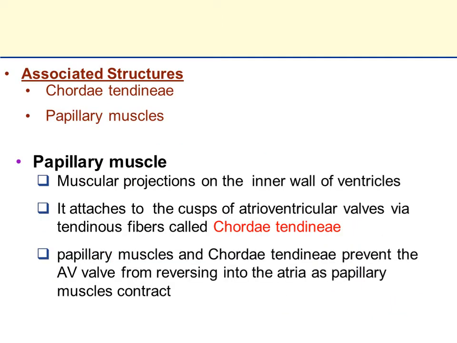Associated structures. عندنا الكوردا تنديني and papillary muscles. Papillary muscles consist of muscular projections on the inner wall of the ventricles. بروزات عضلية على الحائط الداخلي للبطين.